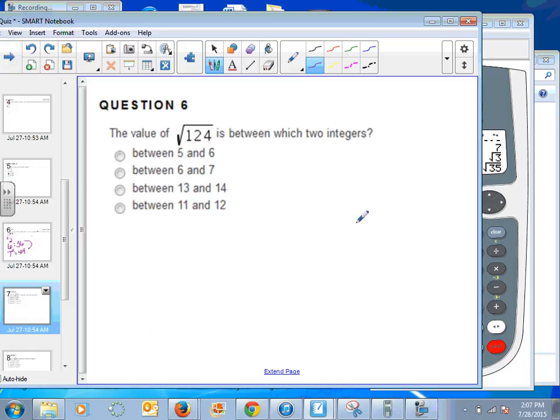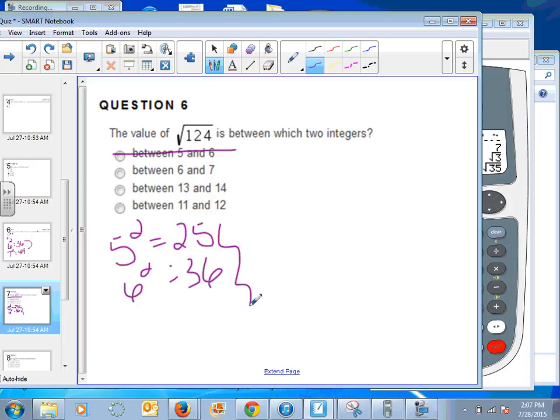The value of the square root of 124 is between which two integers? We're going to try that same thing. For the first choice, between 5 and 6, 5 squared is 25 and 6 squared is 36, so that's no good. 6 squared is 36 and 7 squared is 49, no good there.